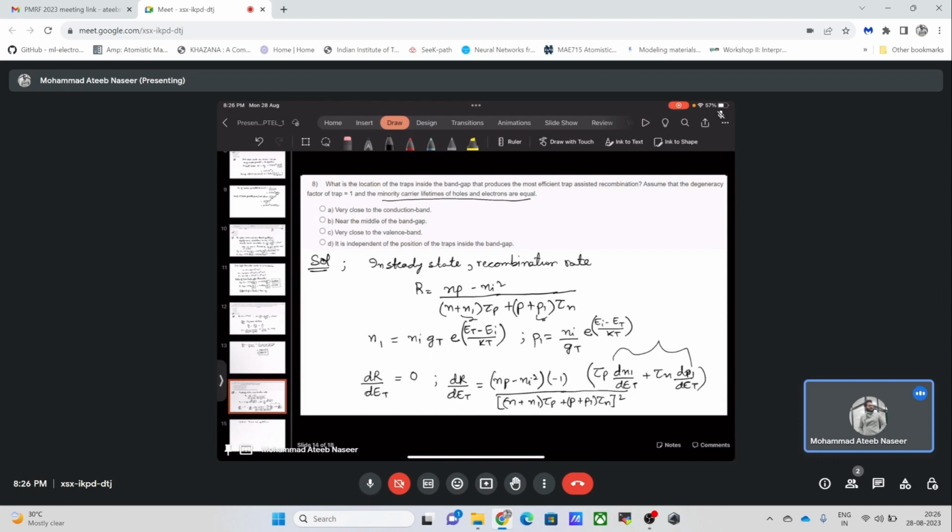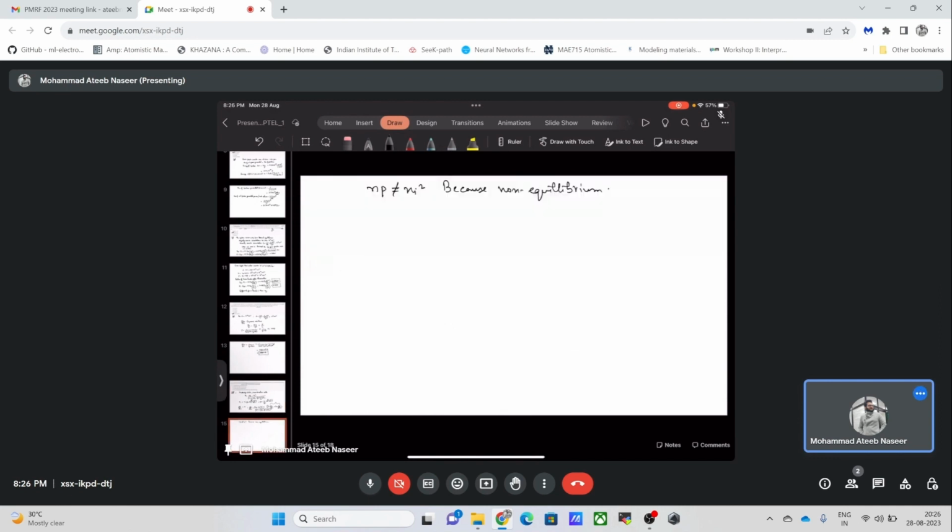So the only thing that is left is τp dn1/dEt + τn dp1/dEt, and this has to be equal to 0.